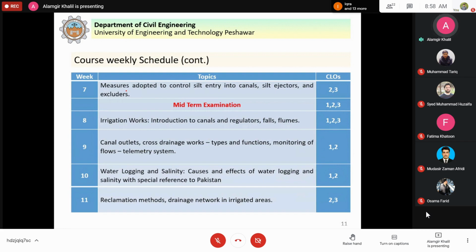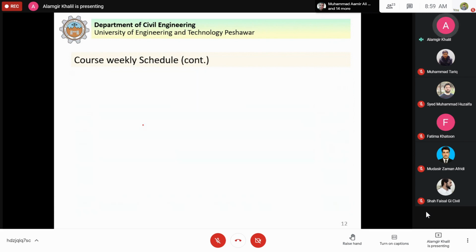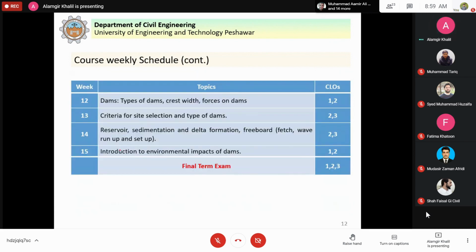There will be 7 working weeks. Previously it used to be 8 working weeks before the midterm examination and 8 working weeks after. But now we have 7 working weeks. After that we have the midterm, and then we have 8 working weeks before the final term exam, making a total of 15 working weeks. So we will try to cover these topics in detail.